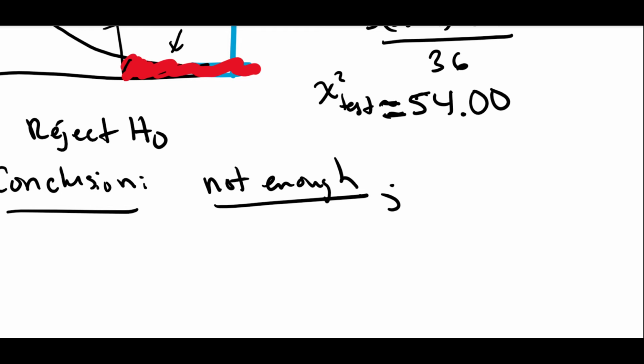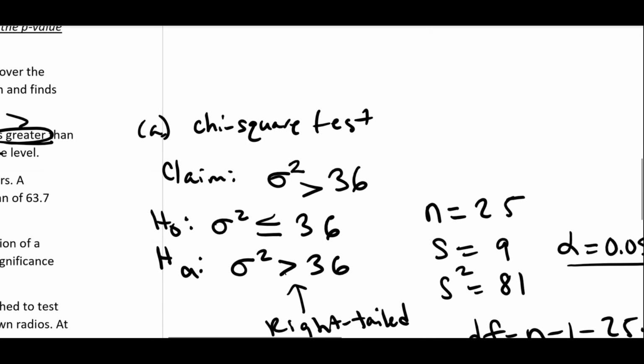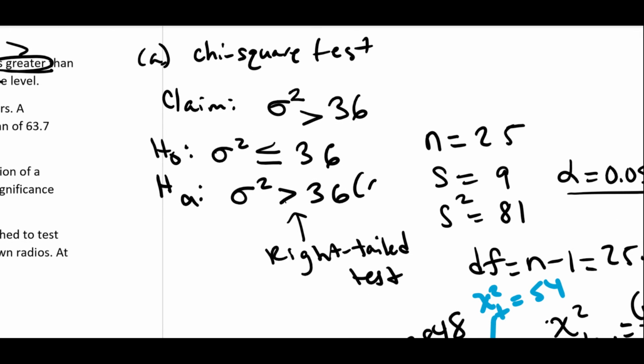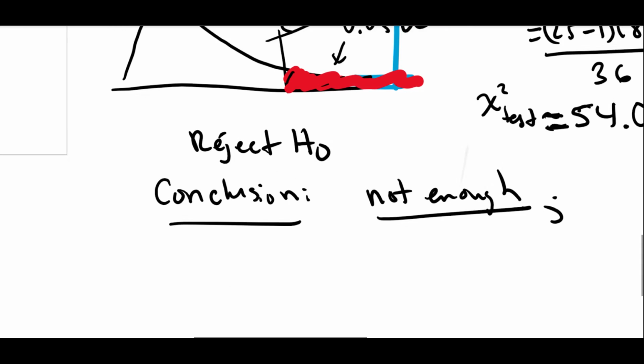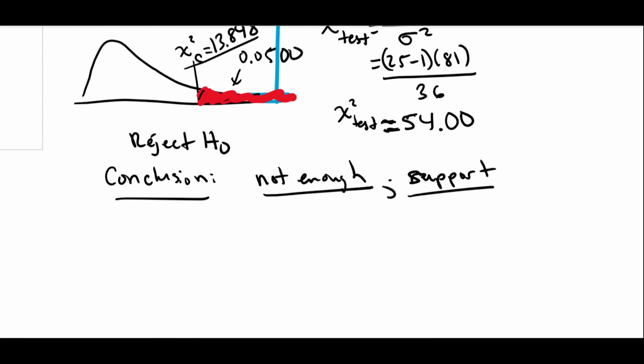Second, since our claim belongs to our alternative this time, we're going to use the word support instead of reject. So there is not enough evidence to support the claim that... Okay, I'm not going to write it out. And that's problem number 7.